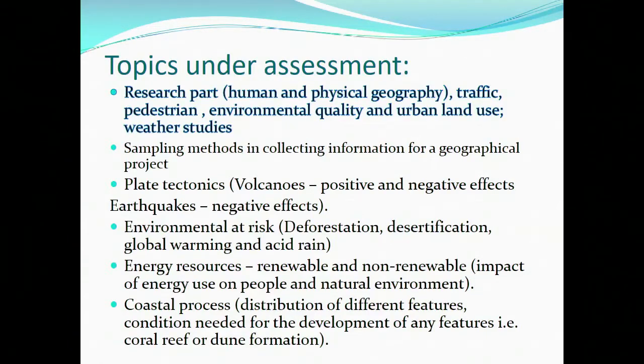In some of our papers, there is a research part, usually based on either human geography or physical geography topics. For example, the topics you need to pay attention to for human geography are the traffic count, the pedestrian count, environmental quality, and the urban land survey.